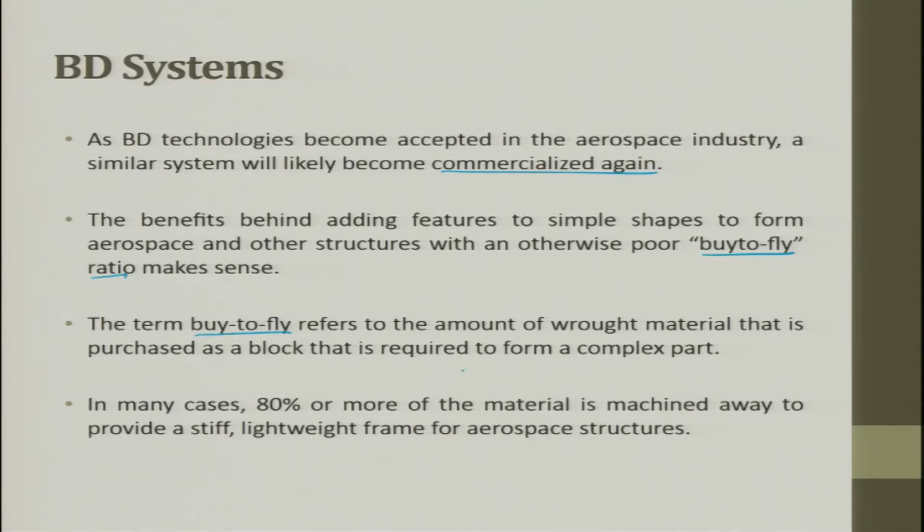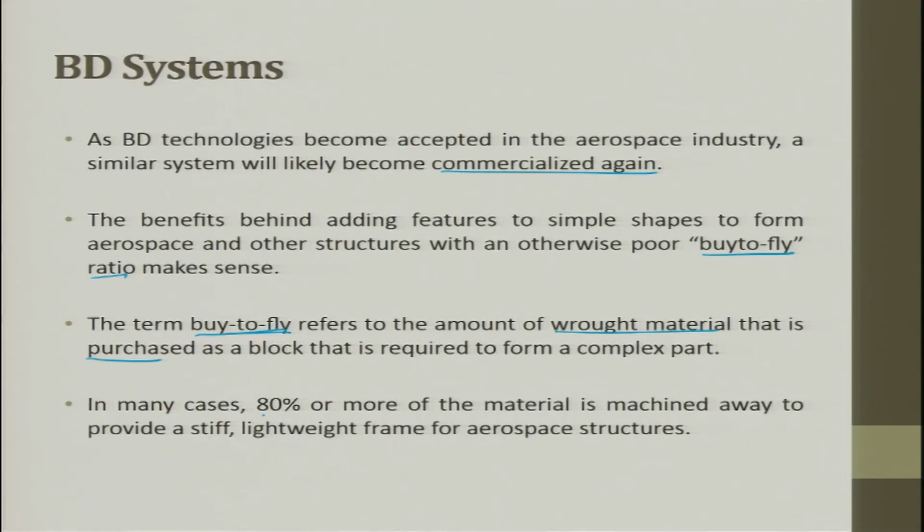The term buy to fly refers to the amount of wrought material that is purchased as a block that is required to form a complex part. The amount of wrought material that is purchased as a block, then you try to do a subtractive process and then try to make a complex shape.